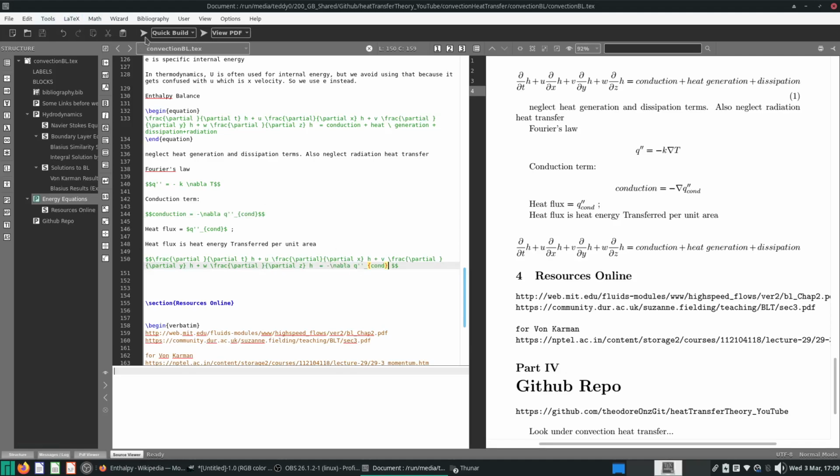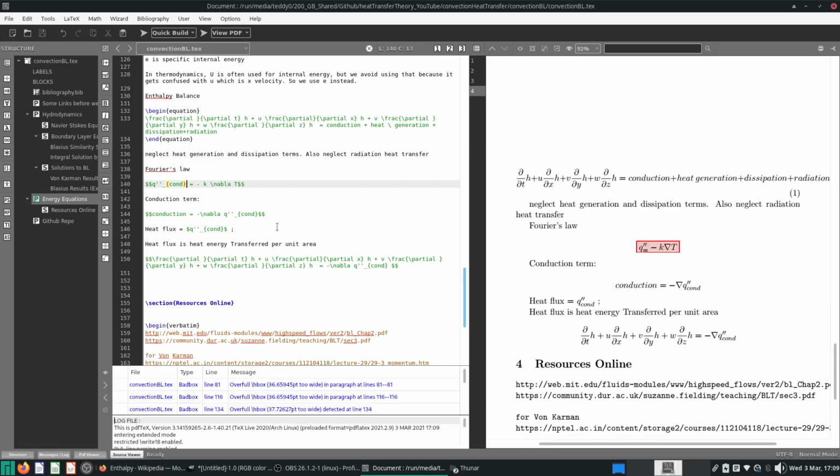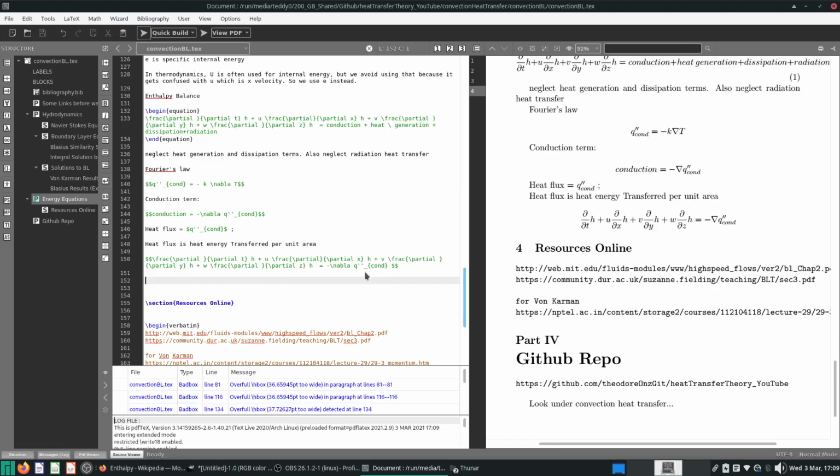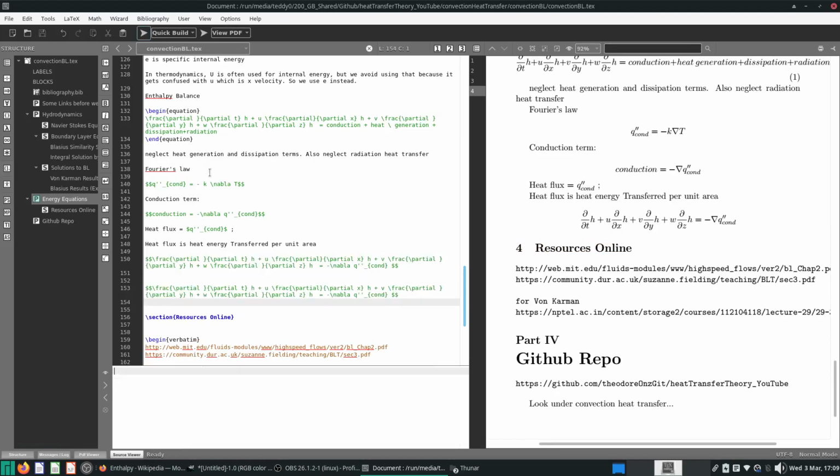So now we just substitute Fourier's law in for the conduction heat flux, and we'll get this equation.